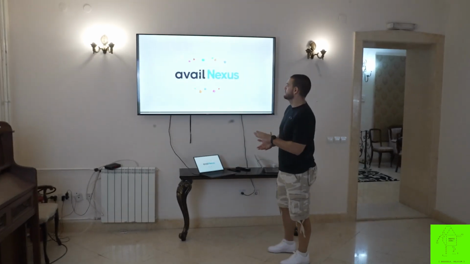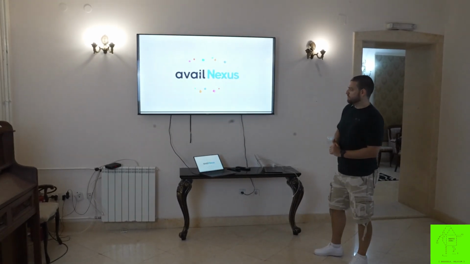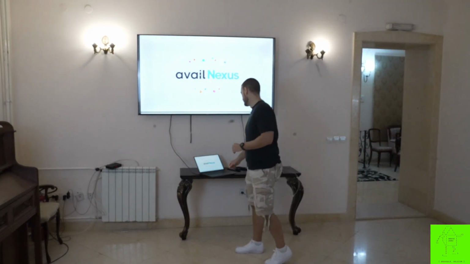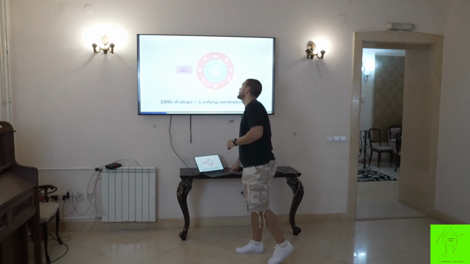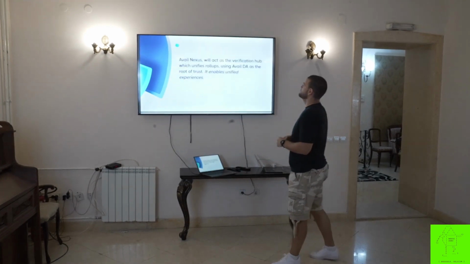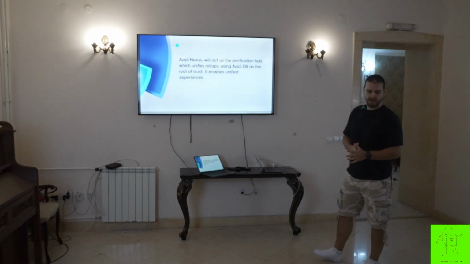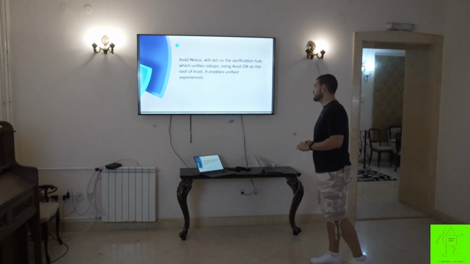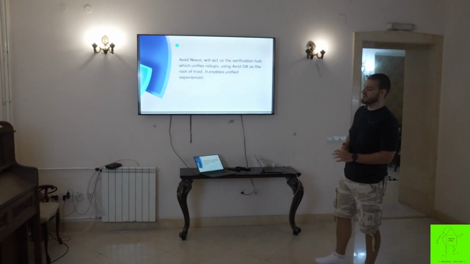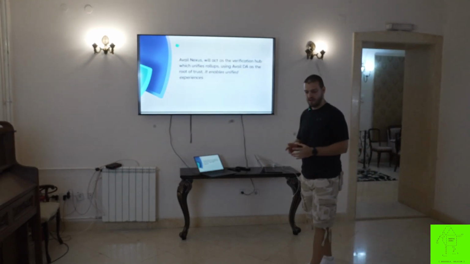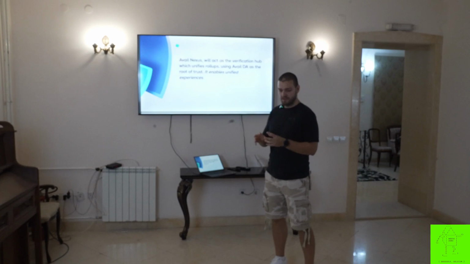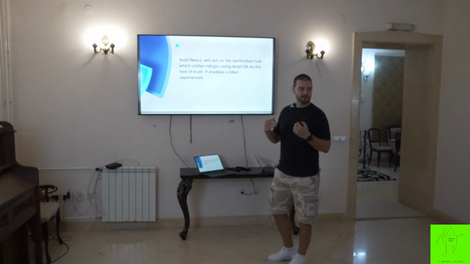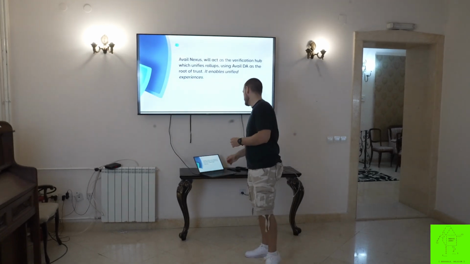Okay, so that was the base layer, the DA. The next component built on top of the Avail DA is Avail Nexus. Avail Nexus is a verification hub, a unification layer built on top of DA that leverages the Avail DA as a root of trust. The idea is for Nexus to enable a unified experience for all of the L2s.